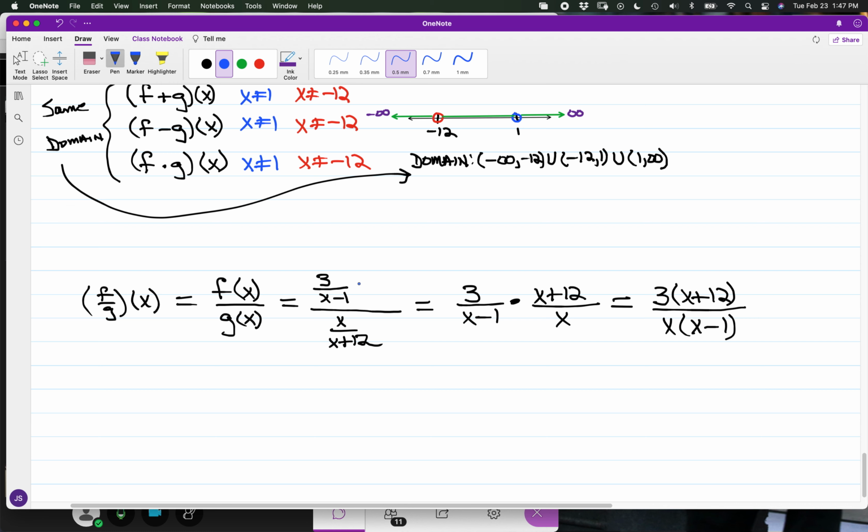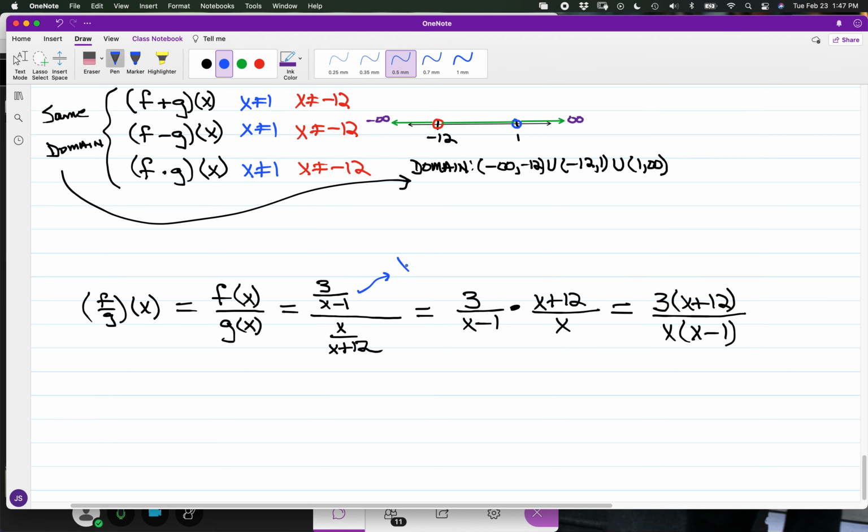So I still have that x cannot be equal to 1, because I still have a fraction with f of x, so I cannot have a zero denominator for 3 over x minus 1. Likewise, for x over x plus 12, I cannot have a zero denominator. So I still have the same restriction for g of x.